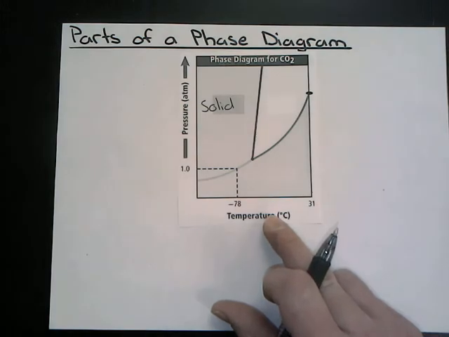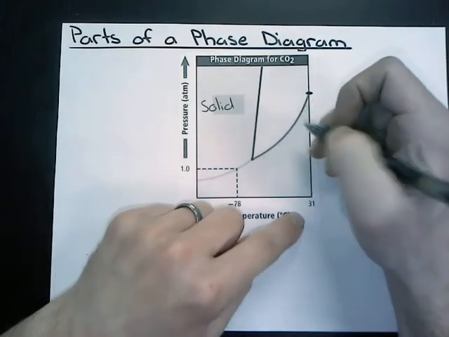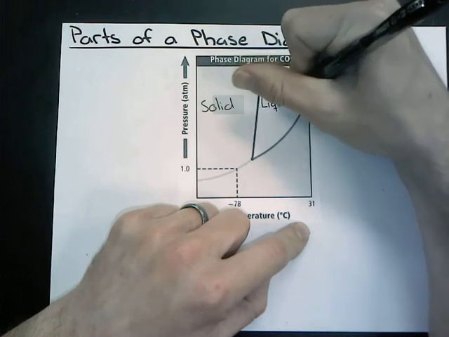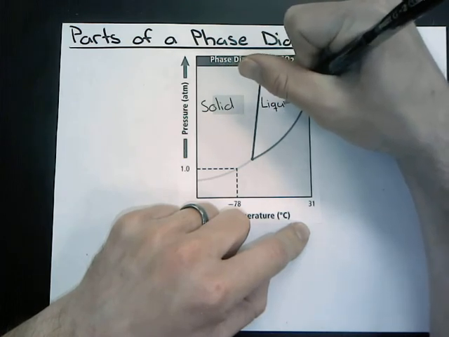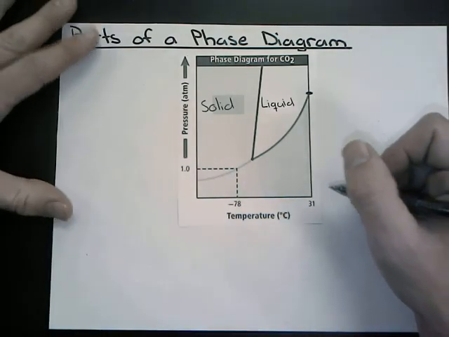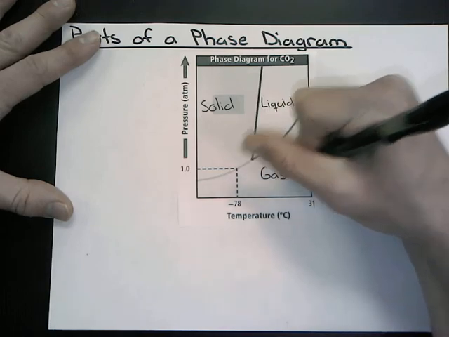Now, our other two states of matter that we need to talk about here are the upper right-hand quadrant, which is the liquid phase of matter. And down below here, this right here is the gas phase of matter.